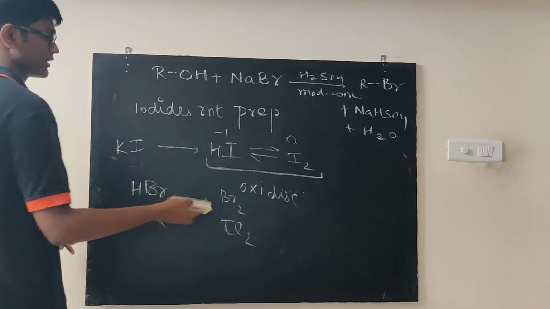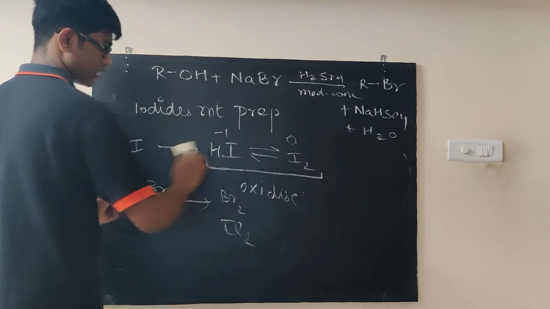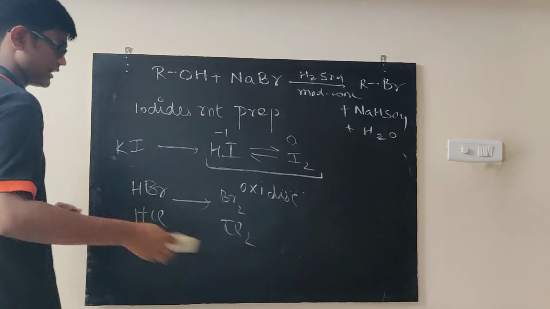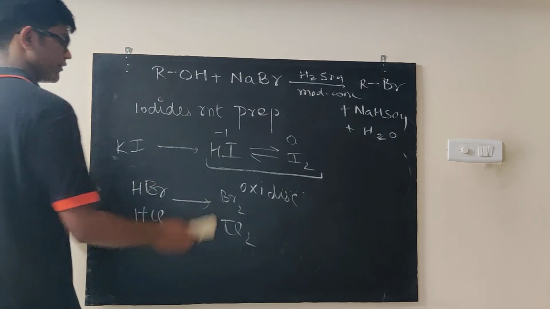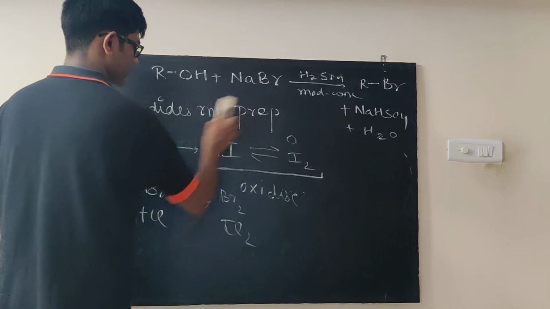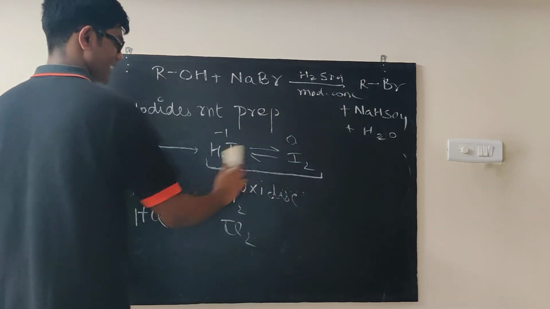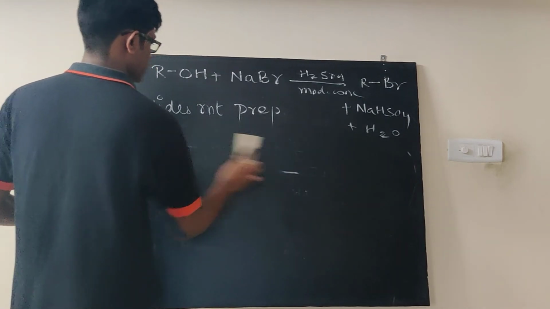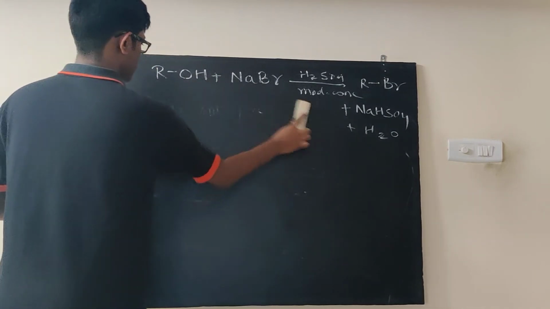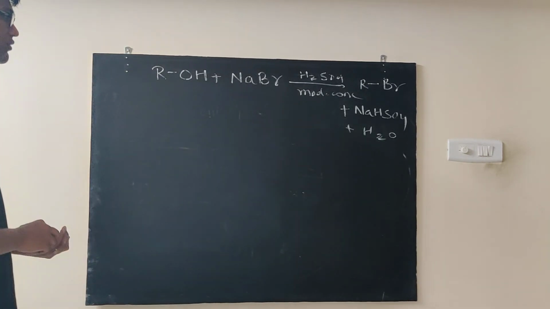But you just want to remember this: HI becoming I2, this equilibrium will cause lots of problems for us even in the future. In fact, maybe I'll make a video just on this, explaining why this happens in much more detail later. But for now, just take my word for it that HI becomes iodine, so that we can move on. That's one more thing we test.